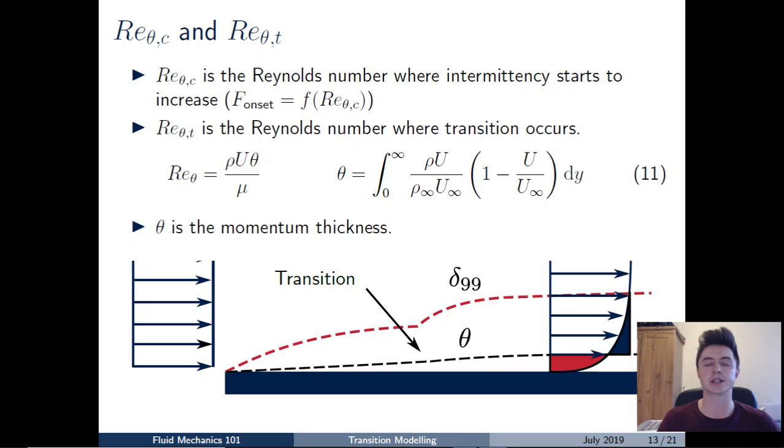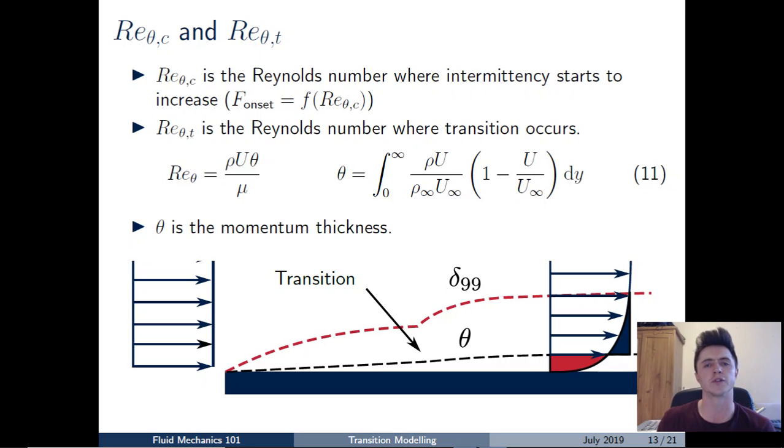In order to do this and ensure that the velocity profile and the uniform velocity profile had the same momentum, we would have to displace the surface of that flat plate or aerofoil into the flow. And the distance by which that displacement is moved is given a quantity theta, which is the momentum thickness.